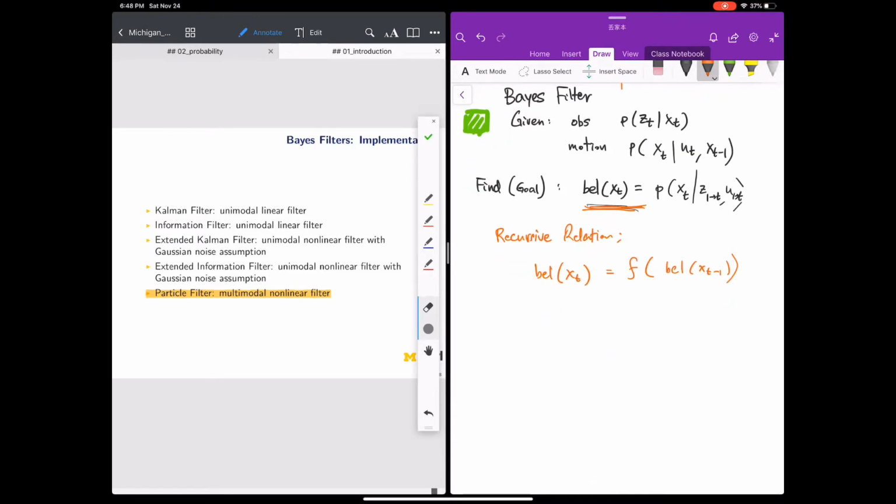And then if we somehow initialize the belief x naught, then we can do online update for all time steps, and then we can get the probability distribution at any given time t. So apparently we're going to use some Bayes rules for this problem. So let's see whether we can solve it on our own.